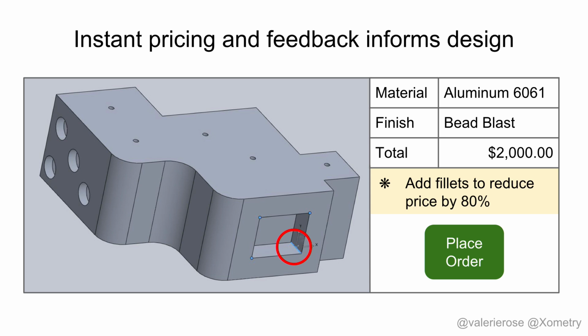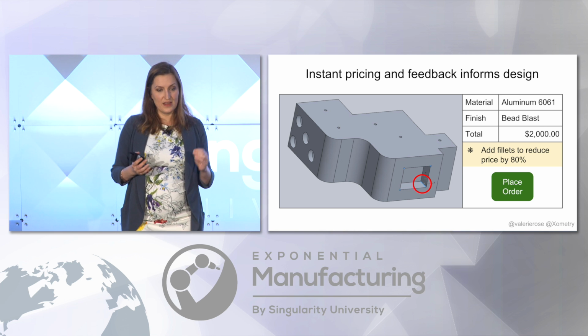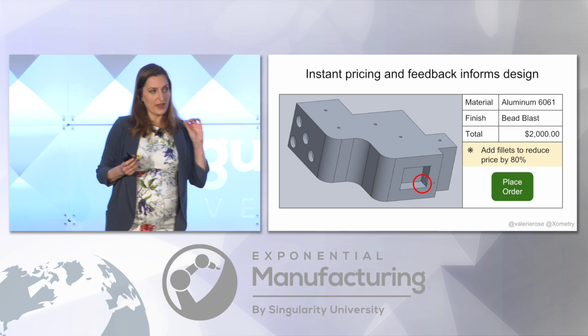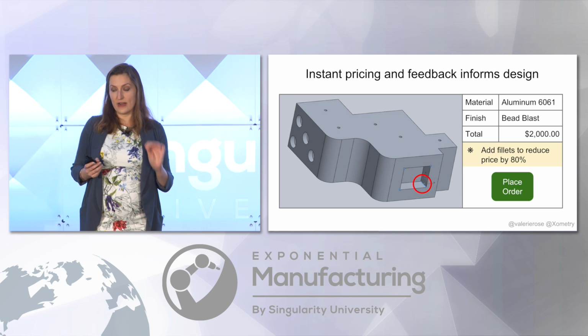So this is very, very powerful for an engineer designing a part. Imagine that you could get this price within your CAD software. As you are designing the part, you see that this part is going to cost you $2,000. And you get a recommendation to add a fillet to those square corners to reduce the price.